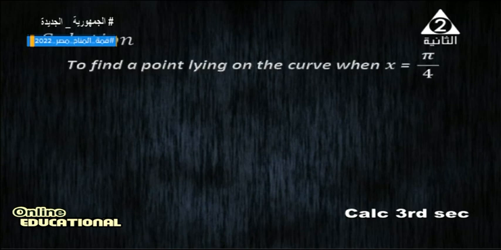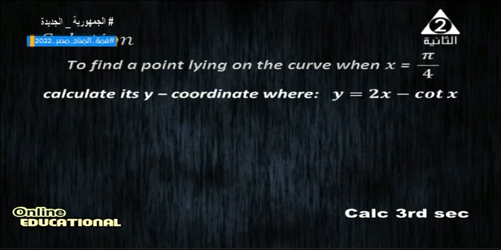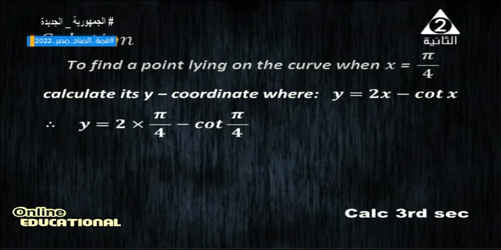To find the point lying on the curve when x equals pi over 4, we calculate its y-coordinate. We know that y equals 2x minus cot x, at x equals pi over 4, then y equals 2 multiply pi over 4 minus cot pi over 4.